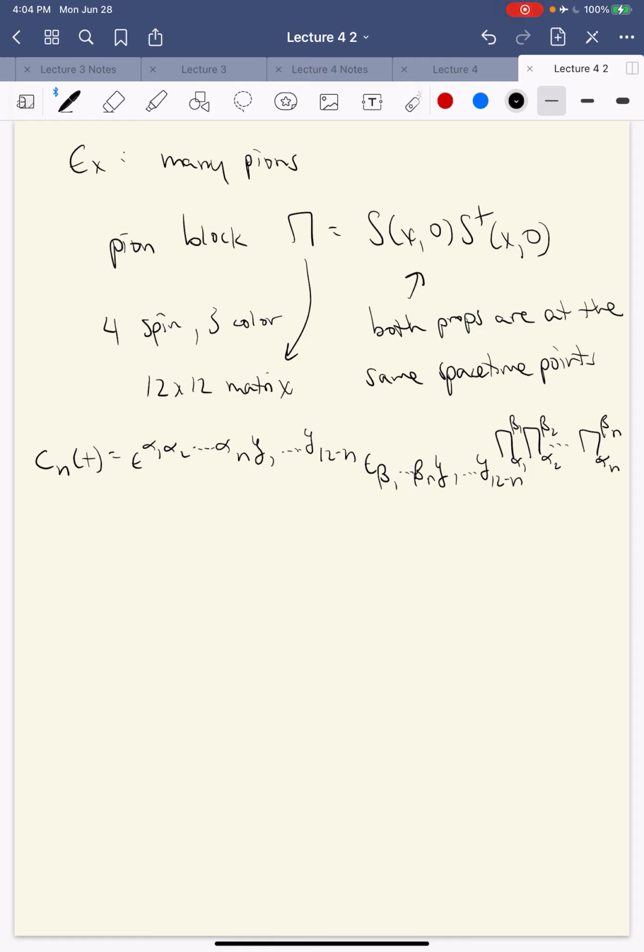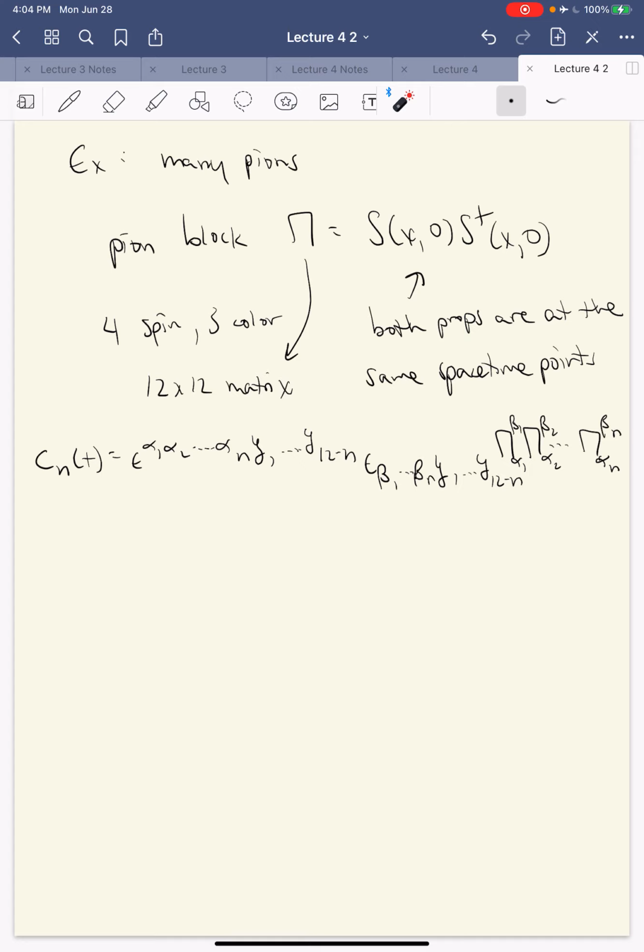So this is our definition for the correlation function. We have n pion matrices, and their source and sink indices have been antisymmetrized with the epsilon tensors.